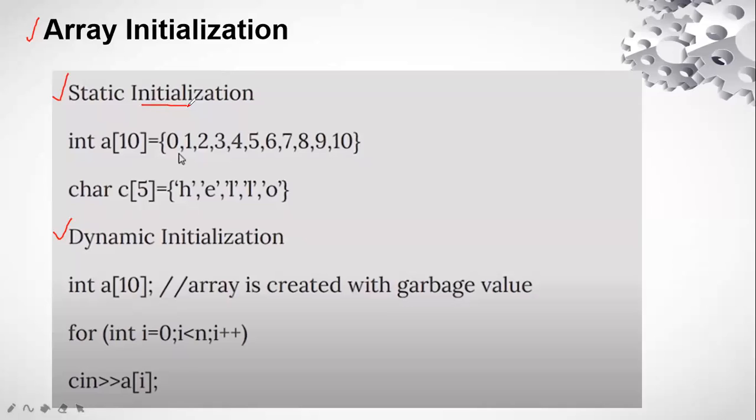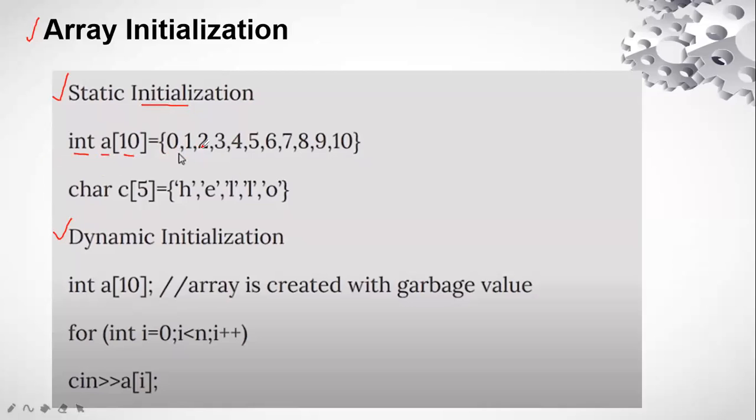Static initialization is when we are hard coding the values in the program itself. Let's say I have defined the array, taking integer as the data type, A as the name of the array, and 10 as the size of the array.